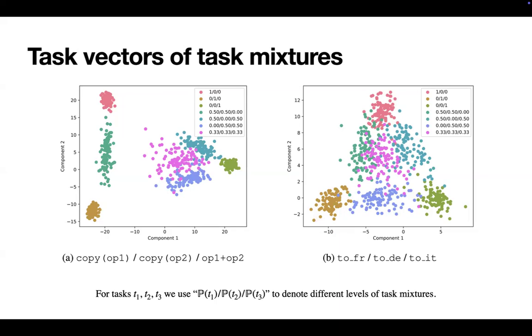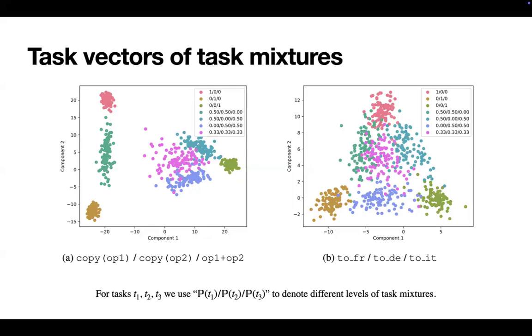And we also extract the task vector using mixture prompts. So for example, here 100 corresponds to all prompts where all the task demonstrations are from copy operand 1, and 010 meaning that all demonstrations come from the second task.